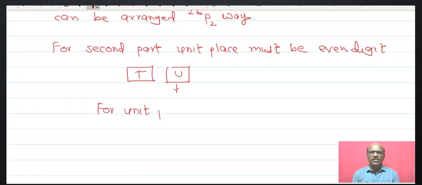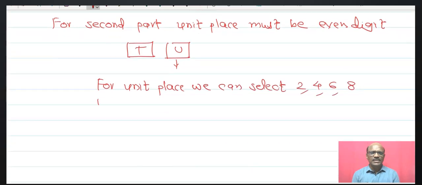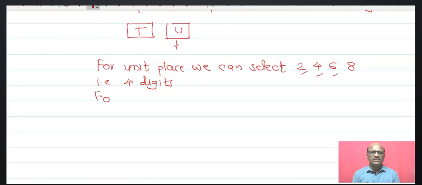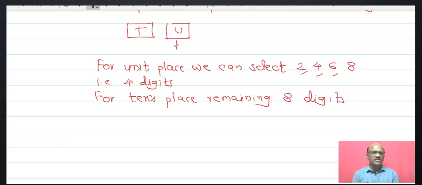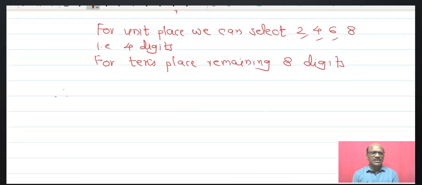Now for the unit place, we can select 2, 4, 6, 8. That is 4 digits. And for the 10s place, the remaining 8 digits.